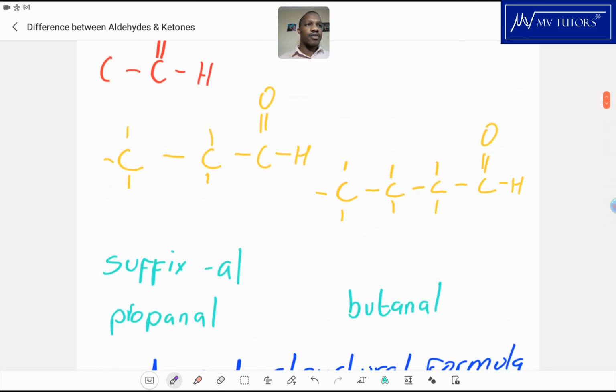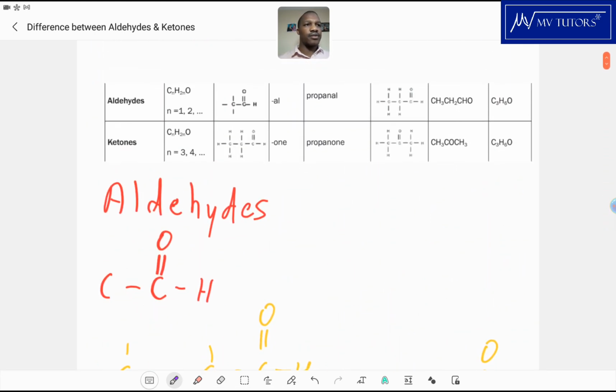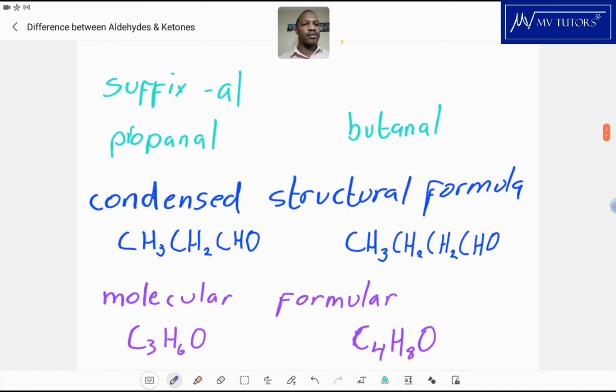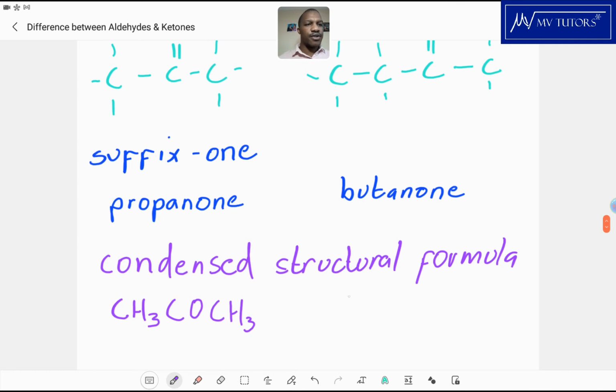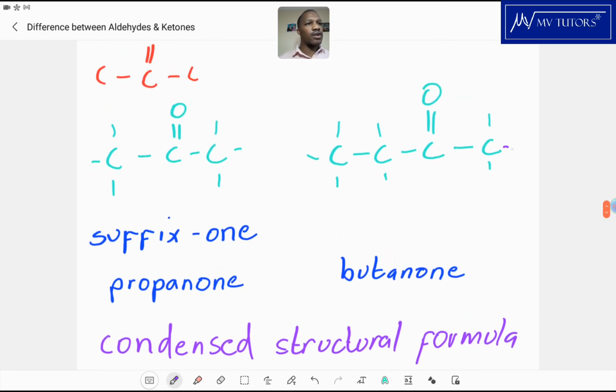That's how we do it. And for this one as well, you look at the first C, it's got 3 H's. The second one has 2 H's. The third one has an O. And then the fourth one, CH3, 3 H's.